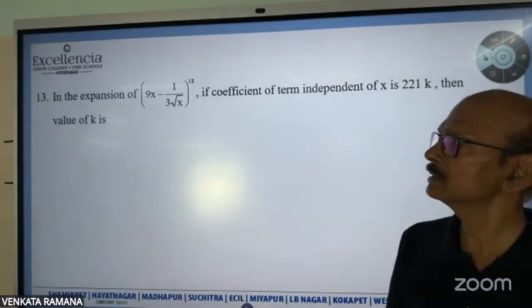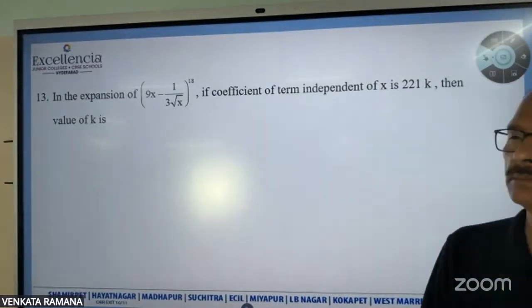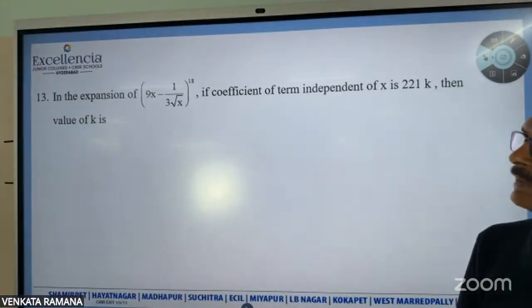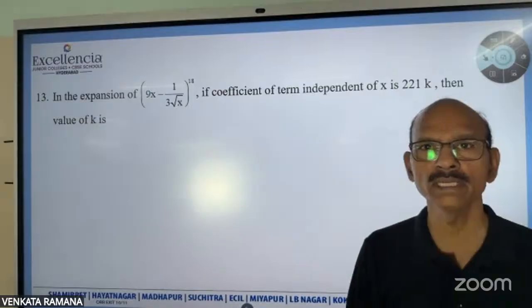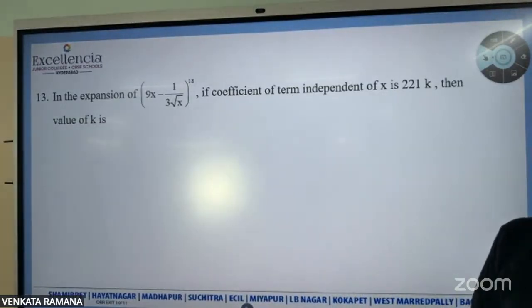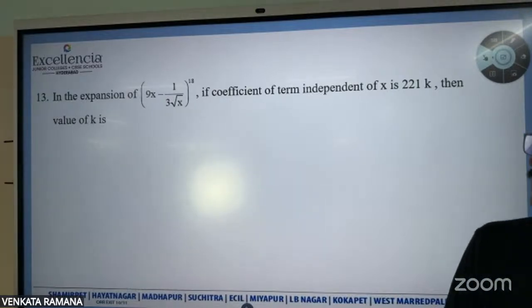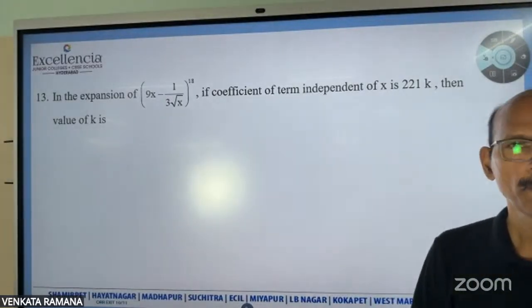Next, let us move to the next question, binomial theorem. It also looks simple. In the expansion of (9x minus 1 by 3 root x) to the power of 18, if the coefficient of the term independent of x is 221k, then the value of k is.